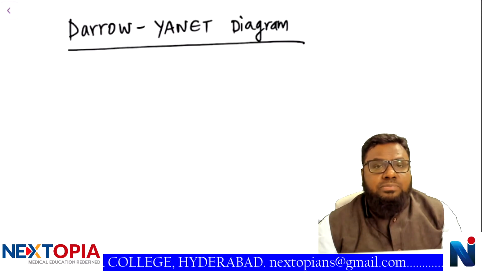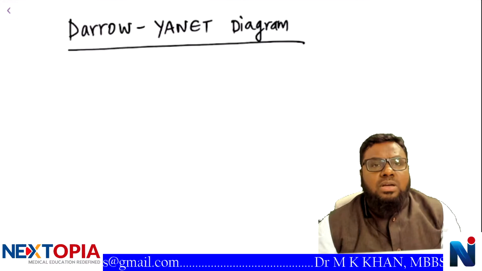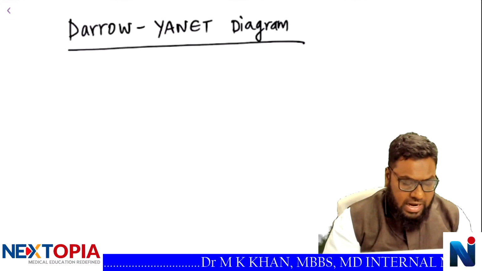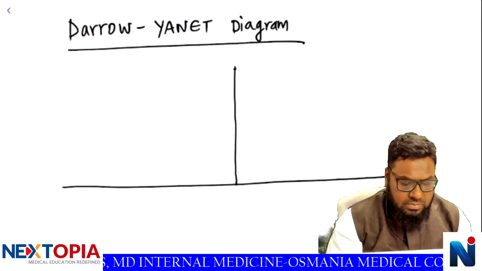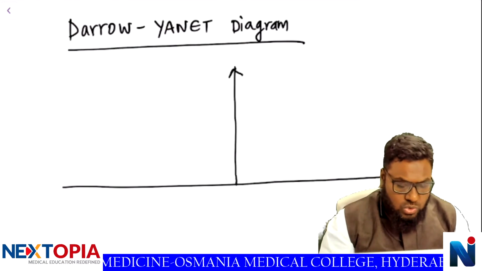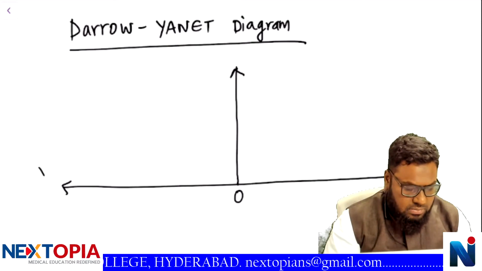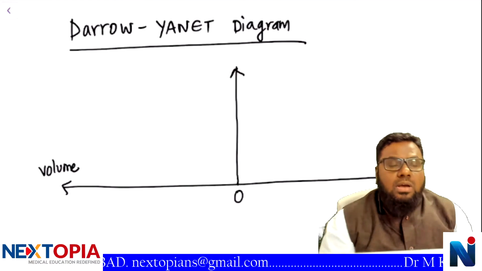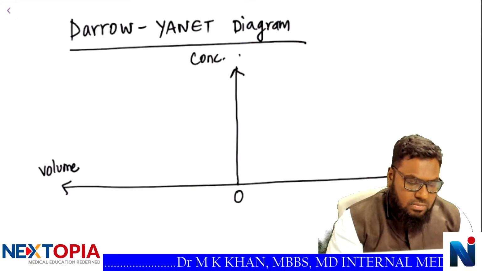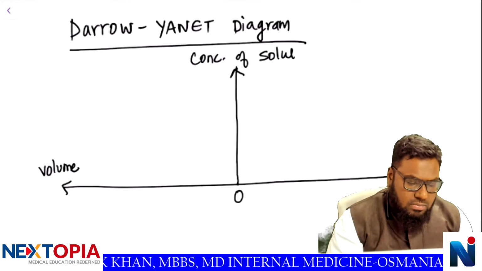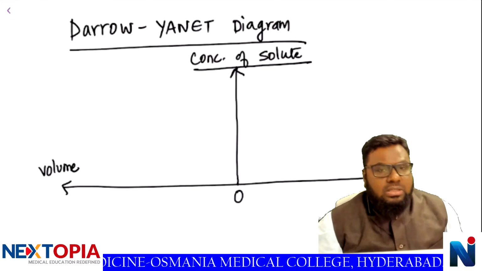To understand this, it is easy to put the body fluids in the form of a graph with a y-axis and x-axis. We take volume on the x-axis and concentration of solute on the y-axis.